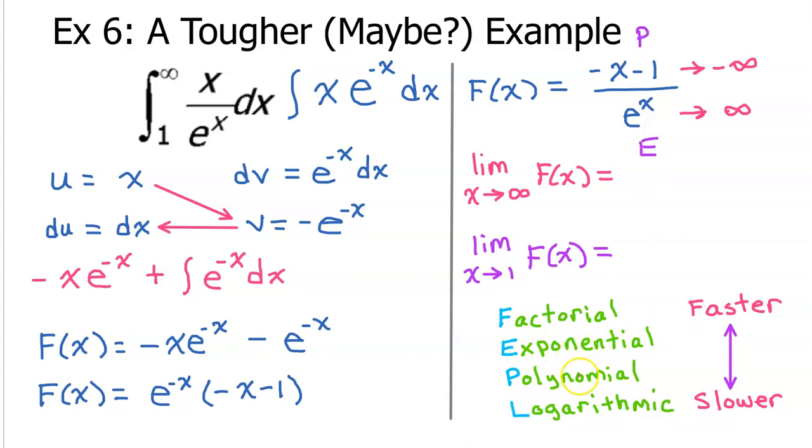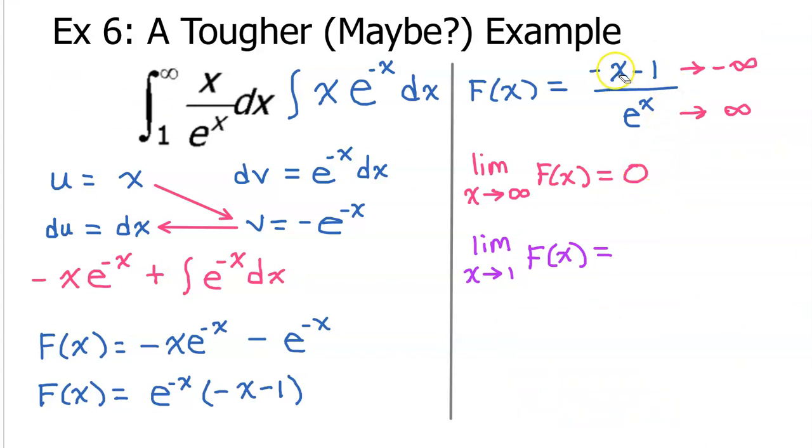Exponential expressions grow faster than polynomial expressions. Since the denominator is growing faster than the numerator, that means the denominator is getting bigger and bigger and bigger compared to the numerator. So the overall value of the fraction is getting smaller and smaller and smaller. In other words, the limit as x approaches infinity is 0.